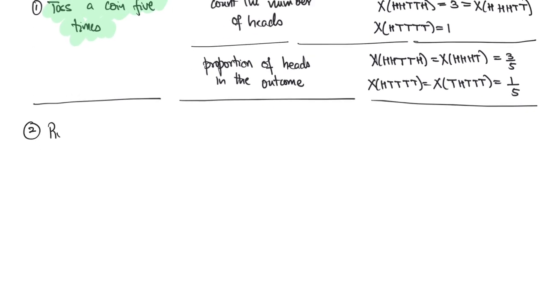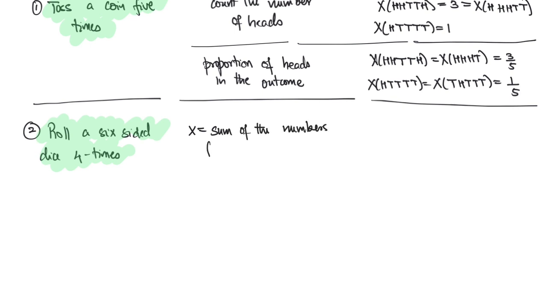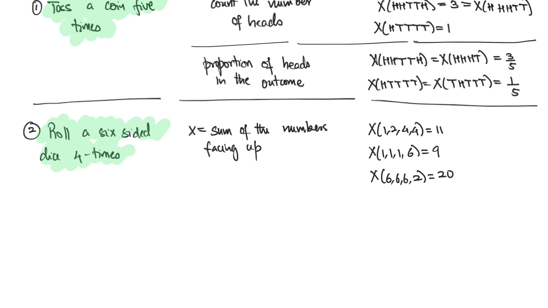We can also consider the experiment where we roll a six-sided die 4 times. In this case, the random variable that calculates the sum of the numbers that face up would give me the value 11 for the sample 1244, the value 9 for the sample 1116, and 26 for the sample 6662.